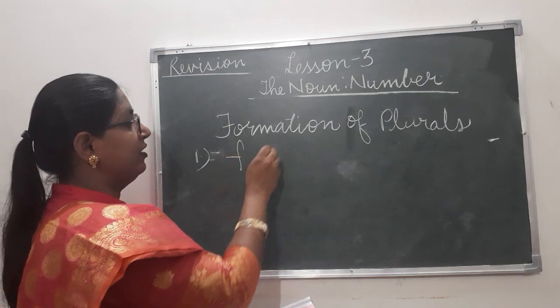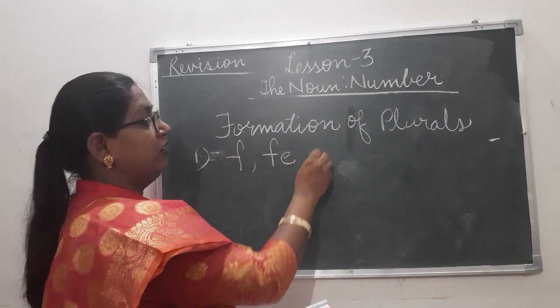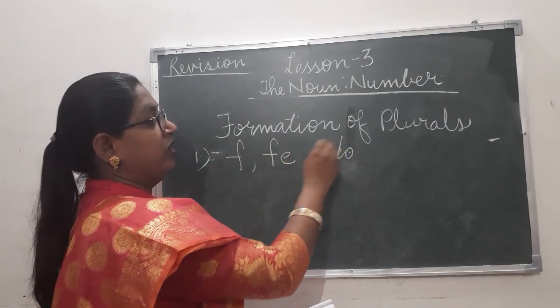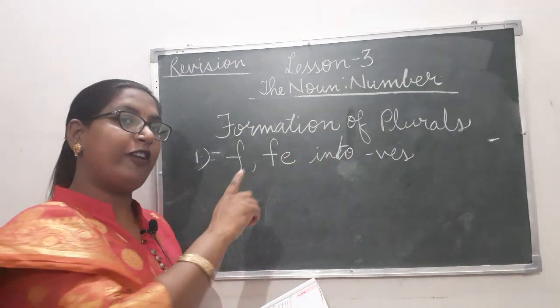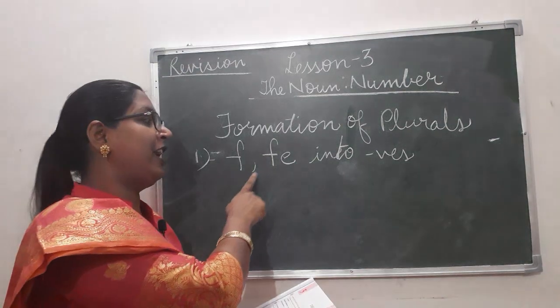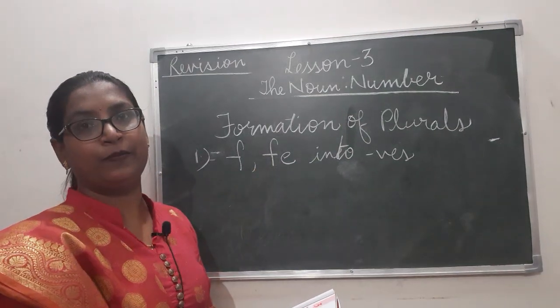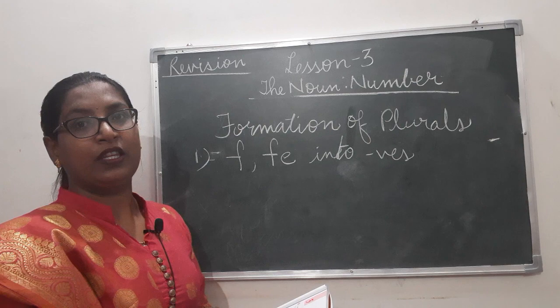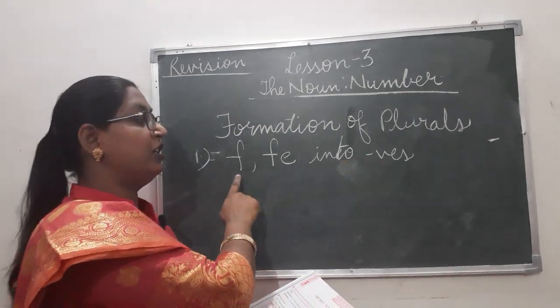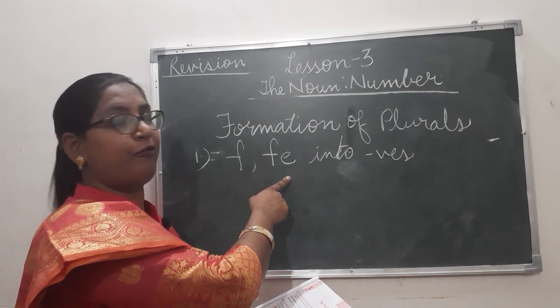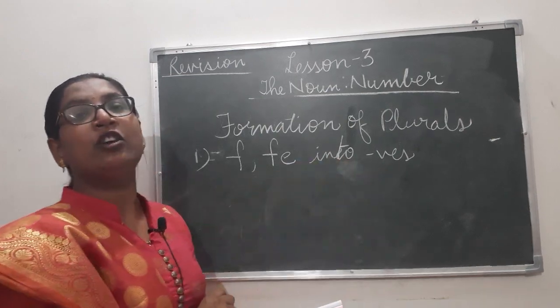When the noun is ending in F or FE, we add VES with it. We just drop F or FE and add VES with it.